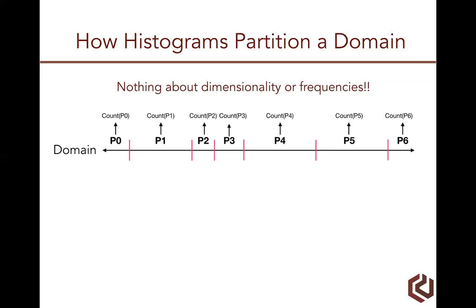There's actually nothing in this core definition of a generalized histogram about dimensionality or frequencies or anything. There's nothing about representing an empirical distribution. There's nothing about sparsity. It's just fundamentally a computational operation where I'm taking a domain that I care about, breaking it into disjoint partitions, and summarizing each one of those disjoint partitions with some statistic that I believe is going to capture the essence of what is in that partition, right?